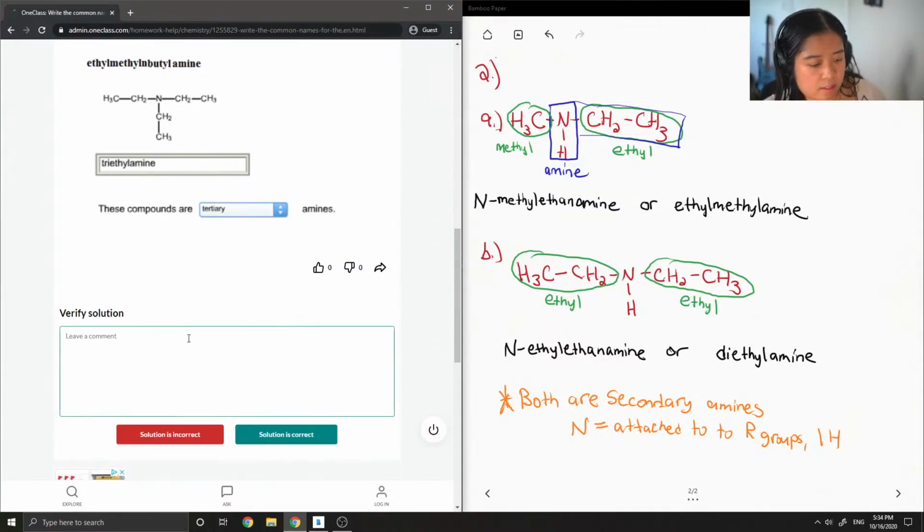So I'm just going to say that answer is partly correct. First compound is ethyl methyl amine, and second is, I'll just say diethyl amine.